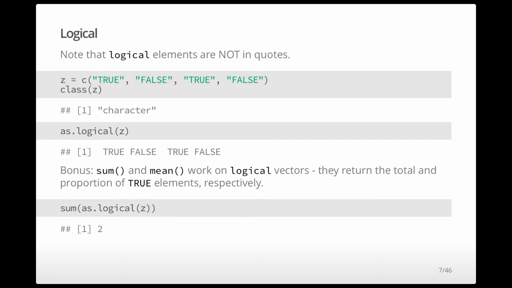Okay, so if you see something like this, TRUE, FALSE, but these are in quotes, what does R think this is? Character. Doesn't matter that it's all capitals, all true and false.